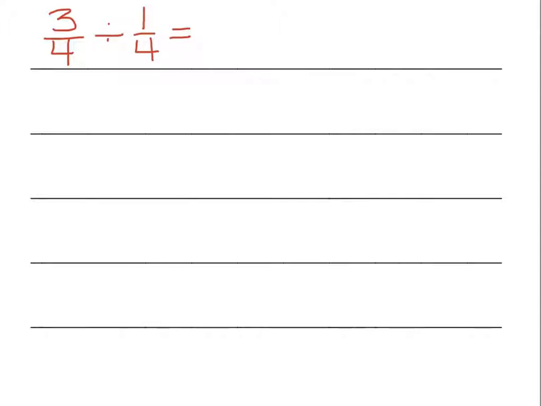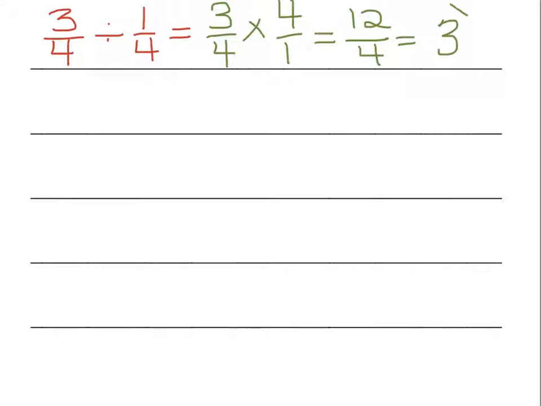To divide a fraction, you flip the second and multiply. So I keep the first one the same, times 4/1. Multiply across the top, multiply across the bottom. It's an improper fraction. 4 goes into 12 3 times.